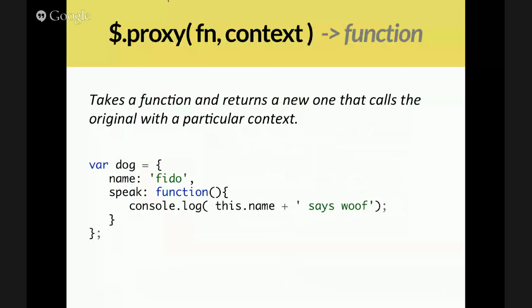The keyword this is a very mutable concept in JavaScript, where let's say I have my dog, it has a name property and a speak, and what I want to do is be able to call dog speak after a certain timeout. Or sorry, I want to pass dog speak to set timeout.